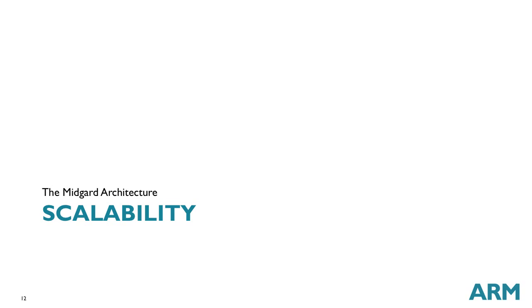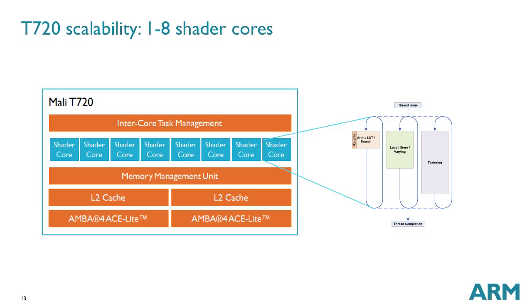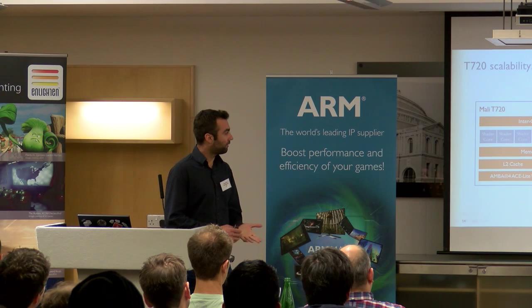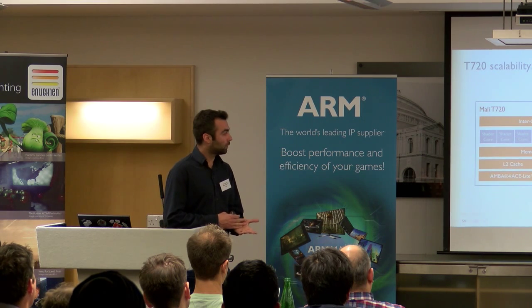So in terms of scalability, we have introduced scalability in 2 ways. Apart from the obvious number of shader cores that can change, and for Mali T760, they vary from 1 to 8 shader cores. As you can see here, within each shader core, you can have 1 or 2 ALUs.